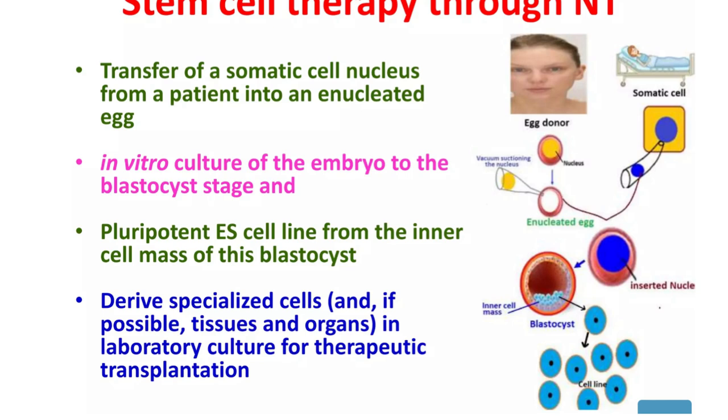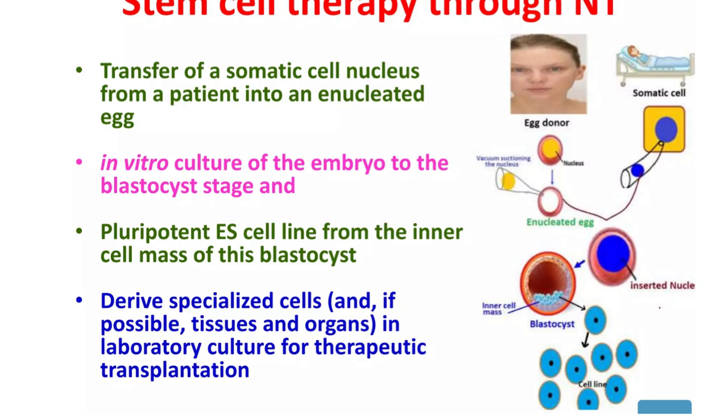A stem cell is a special kind of cell that is not differentiated. It hasn't specialized into a specific tissue cell, but it can develop into any kind of specialized tissue cell given the proper environment.